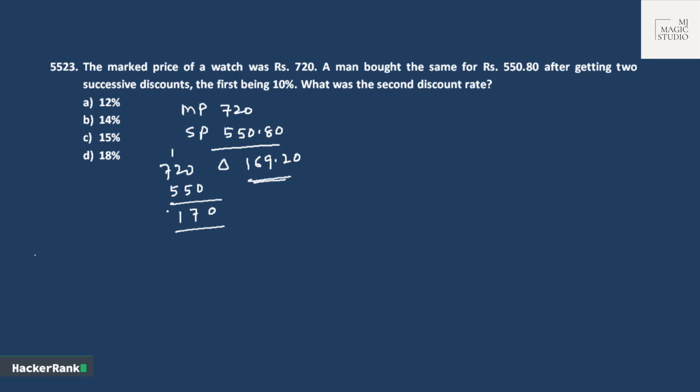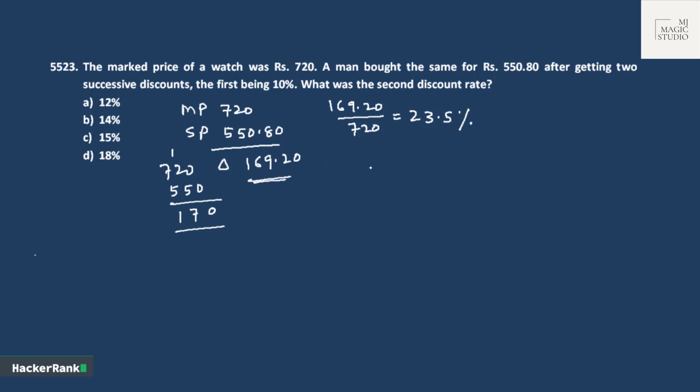This is the total discount given. 169.20 by 720 is how much as a percentage? That will come around 23.5%. That means the combined discount effect is 23.5%.